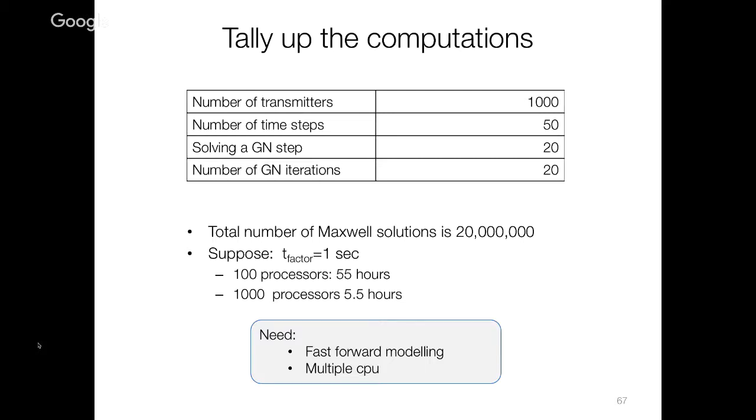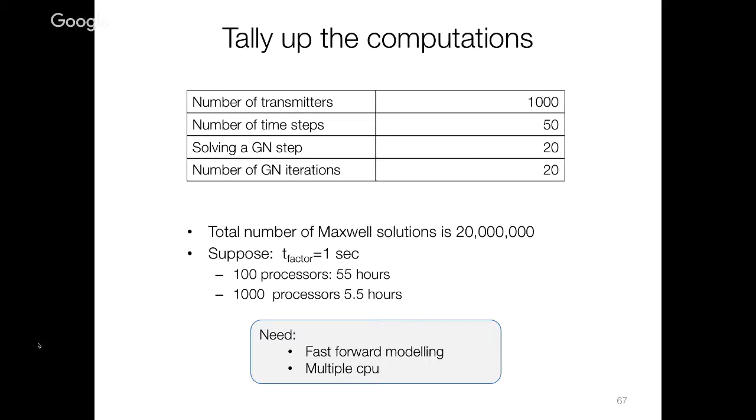So if we think about that airborne example, the number of transmitters, let's suppose even 1,000 transmitters is still not a huge number. Number of time steps might be 50. Solving a particular Gauss-Newton time step requires 20 forward modelings, and the number of Gauss-Newton iterations is 20.